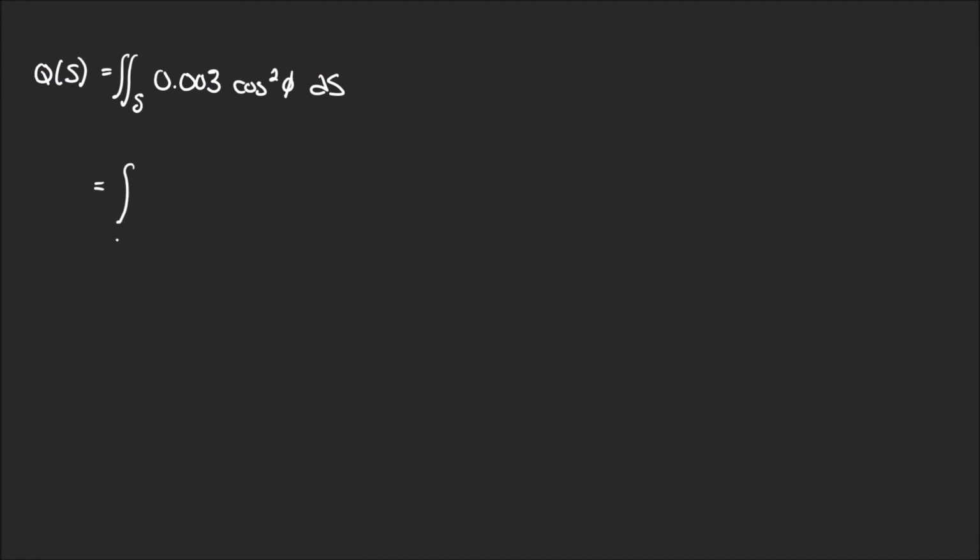We'll have the integral from 0 to 2 pi, the integral from 0 to pi of 0.003 cosine squared phi times the norm, which is 25 sine of phi, d phi d theta.